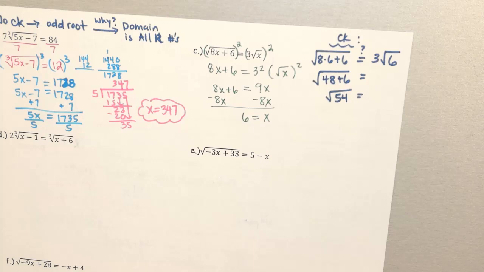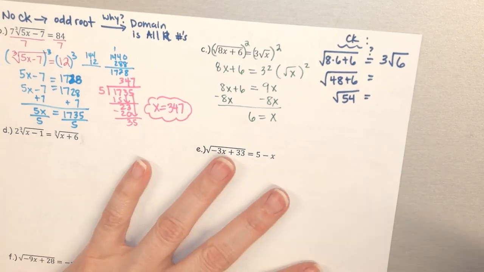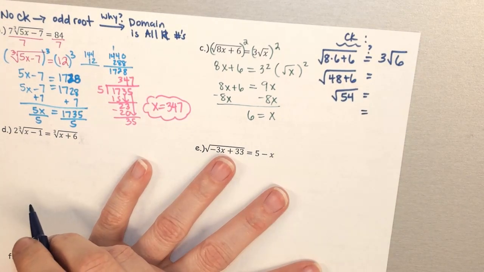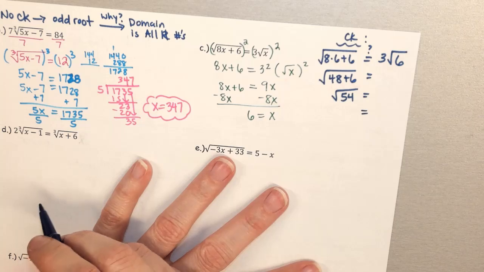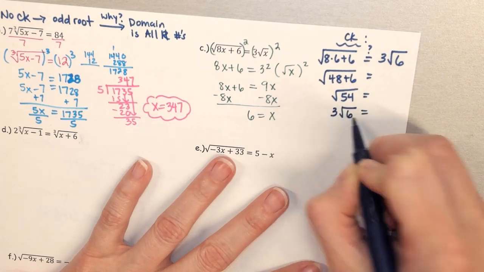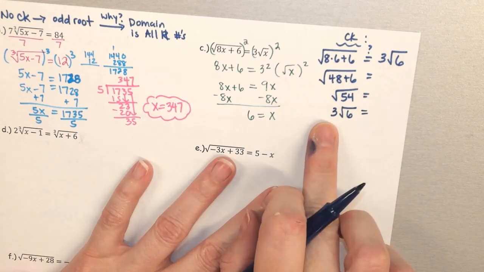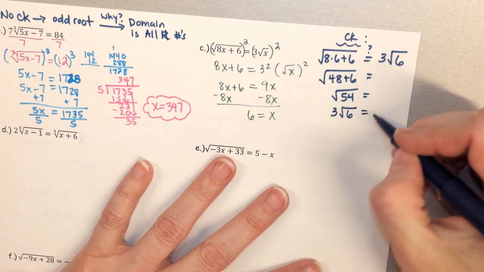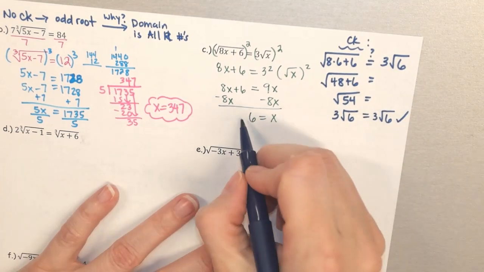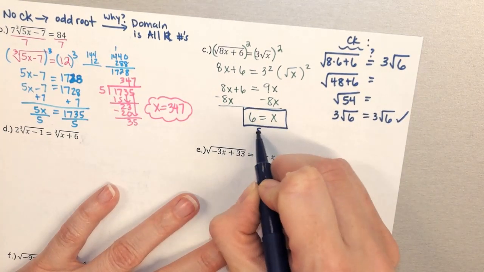And then when you get to root 54, let's just simplify that. What's the perfect square in the square root of 54? 9. Okay, so the square root of 9 is 3, so that comes on the outside. 6 is left on the inside. So 3 root 6 is going to equal itself. So then this is going to be your solution.